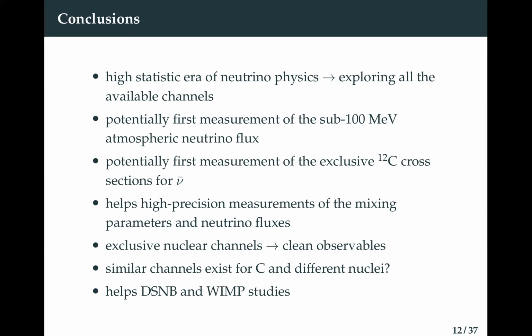Potentially, with these channels we would have a first detection of the charged-current cross sections for anti-neutrinos, because CARMEN and the SND didn't have high enough energies; they were using pion decay at rest or in flight, but then they only produce muon neutrinos, not muon anti-neutrinos, because it's hard to get the muon anti-neutrinos. I forget now why, but I'll remember later. And these channels give us clean observables, and we will have a better knowledge of what the background is for the DSNB and dark matter searches.